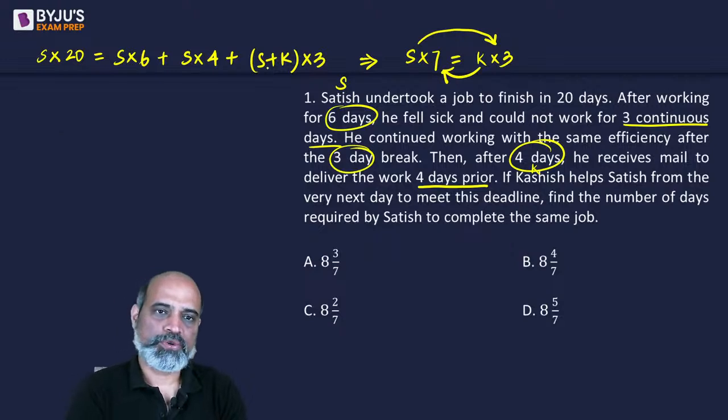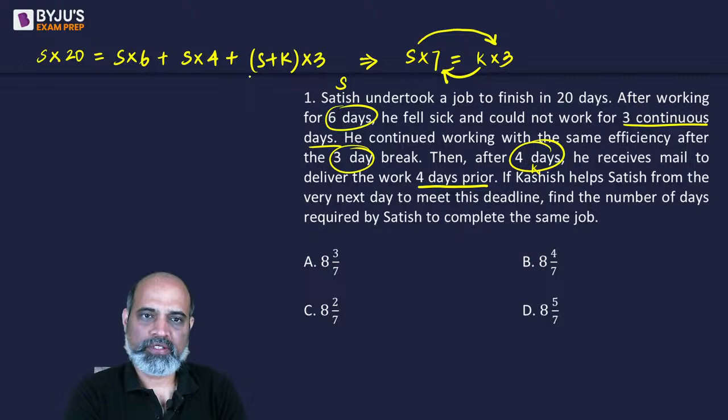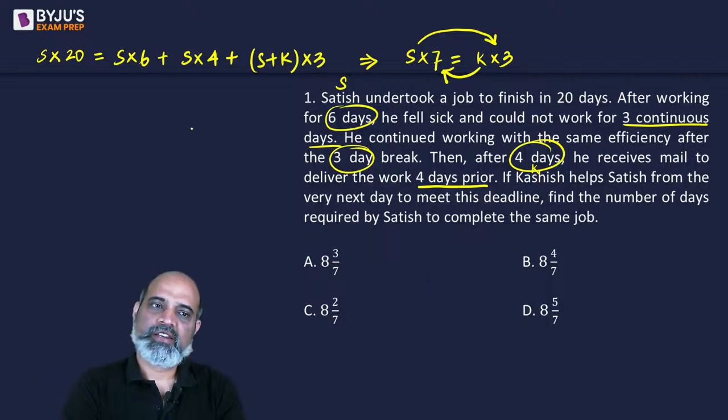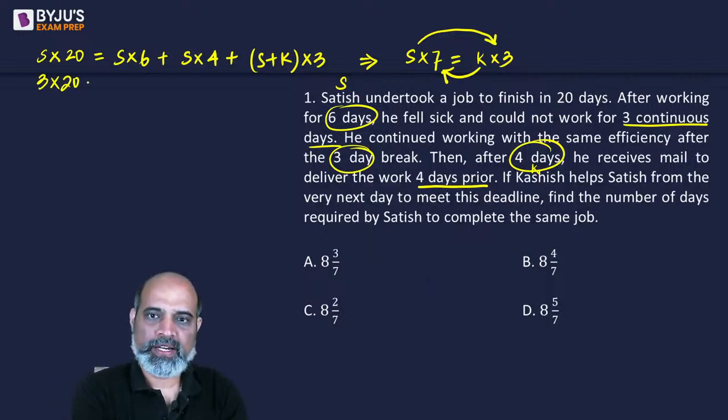If this is true, then how many days will Satish take to finish the same work? Since Satish's efficiency is 3 and Kashish's efficiency is 7, we have 3 into 20 is equal to 60 units.